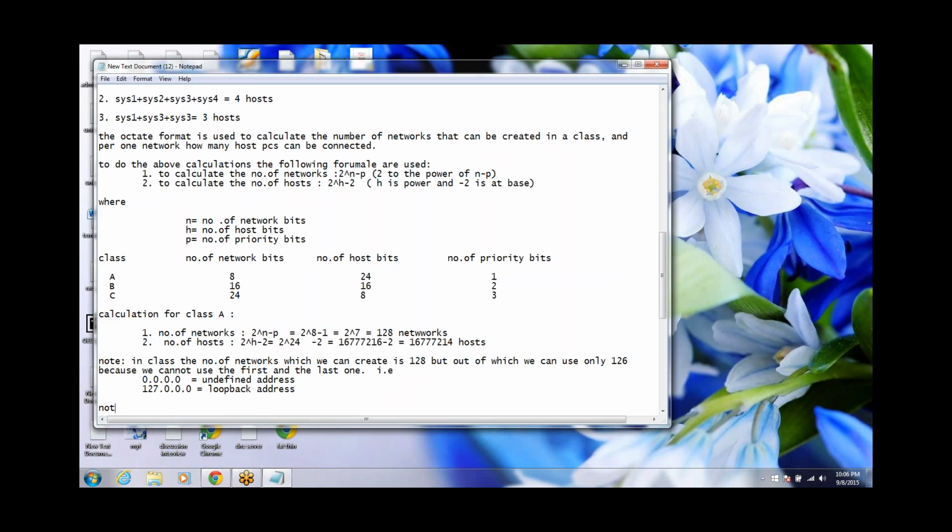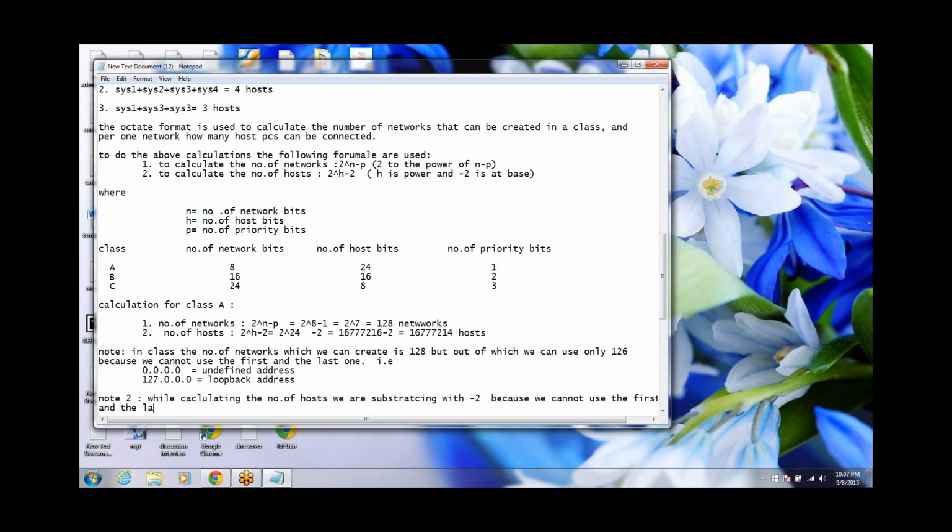Note 2: while calculating the number of hosts, we subtract 2, because we cannot use the first and the last host.